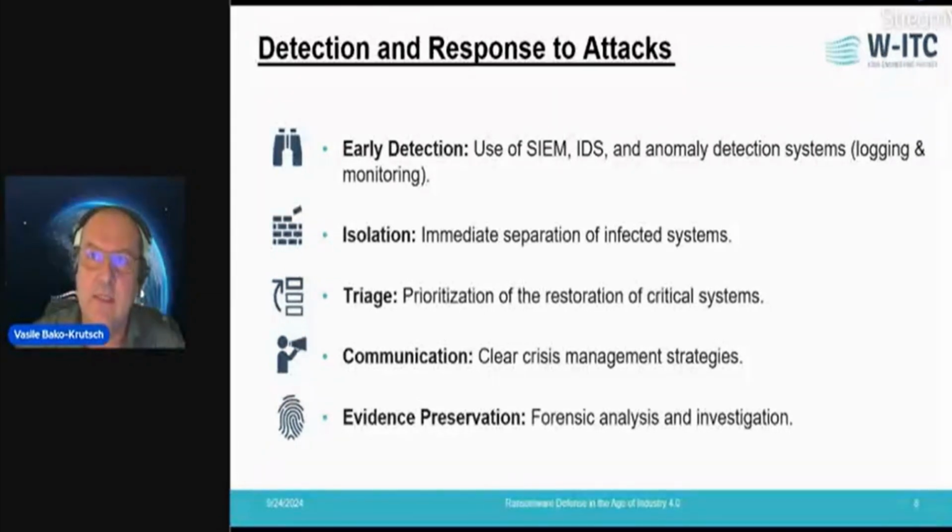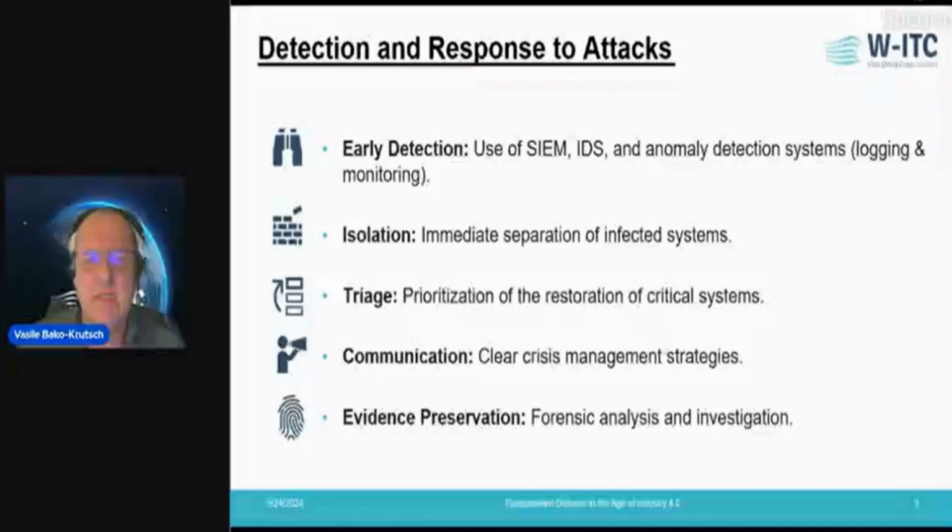And this so-called triage phase happens because you need to restore first the systems which are essential for your survival, if I may put it like that. So the restoration of these systems should be a top priority to resume business operations as quickly as possible.